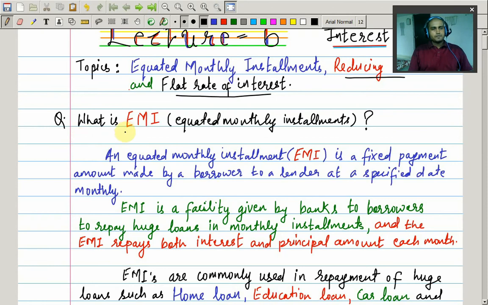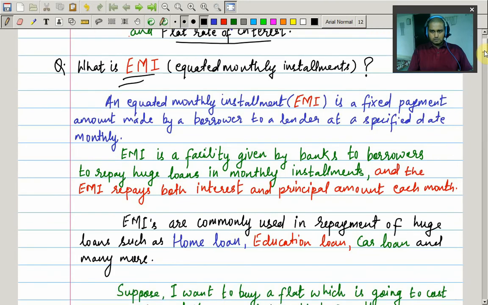So what do we mean by EMI? The full form is equated monthly installments. An equated monthly installment (EMI) is a fixed payment amount made by a borrower to a lender at a specified date or monthly.